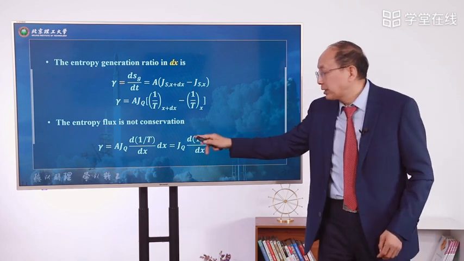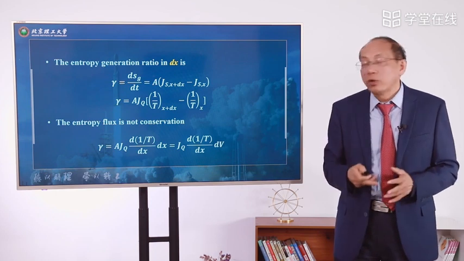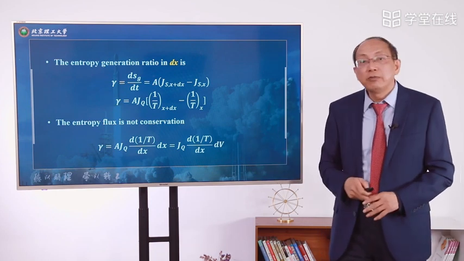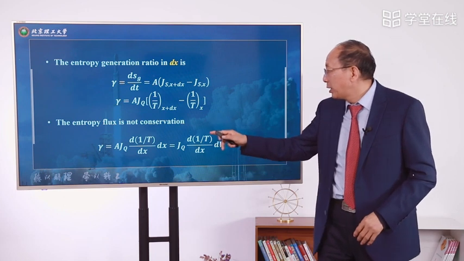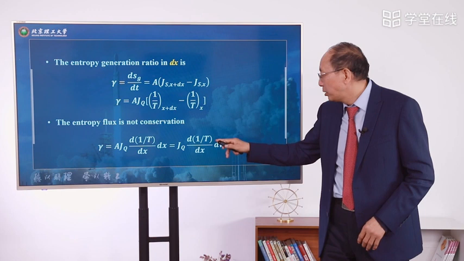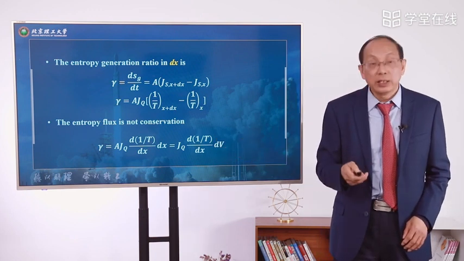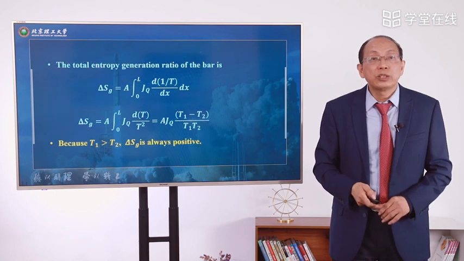Because A dx is the volume in cubic meters, dV. So gamma equals Jq d(1 over T) over dx times dV. Here is the entropy generation ratio.